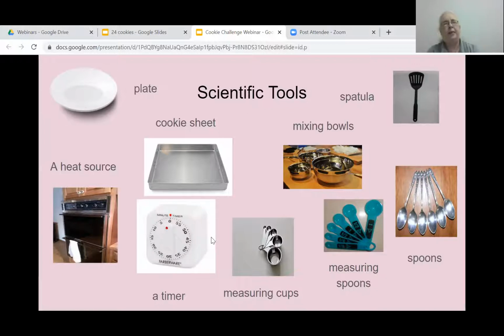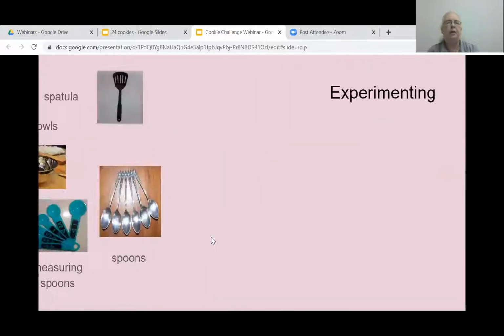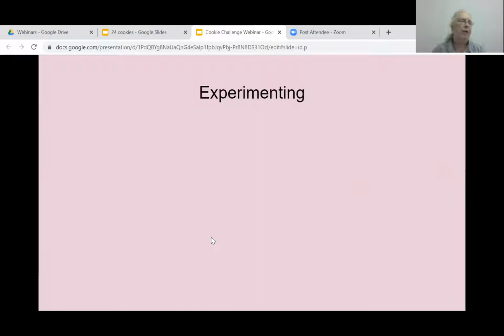Why would we need a plate? A place to put our cookies. So you may think of some more ideas that you might have, or items or tools that you'll need to use, but those are the tools that I have. So if there's any more, you can always add them to the chat box and let us know what else you might use for your cookies today.